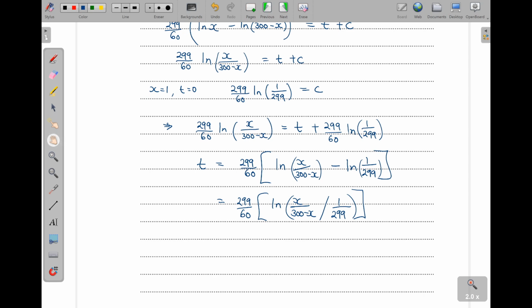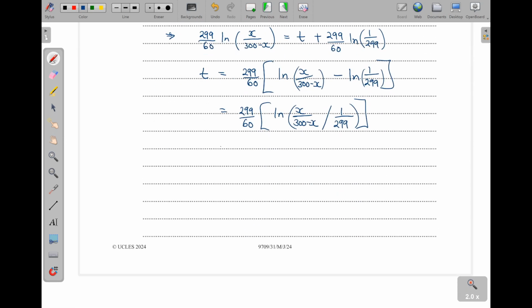Then after that, of course, these are fractions, so I'll do the reciprocal of the denominator. So I'll have natural log of x over 300 minus x, times 299 over 1. So meaning my answer is going to be 299 out of 60, then natural log of 299x, divided by 300 minus x. So that is our answer as a single logarithm.